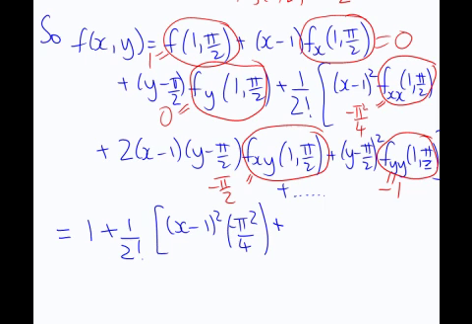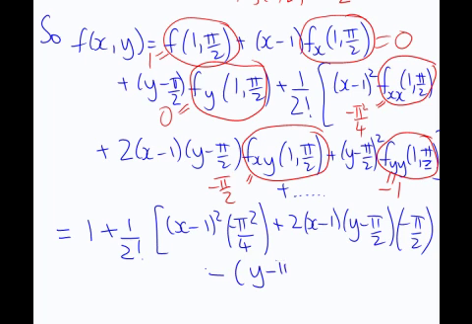I've then got plus 2 lots of x minus 1, y minus pi by 2 times minus pi by 2. And then finally I've got, in fact that's going to be a minus sign, isn't it? I've got a minus y minus pi by 2 all squared.